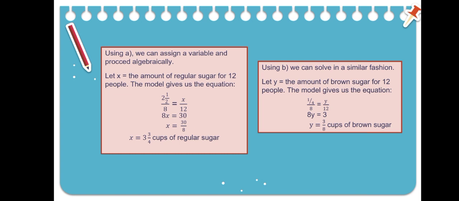To find the value of y, we divide both sides by 8. 8y divided by 8 is equal to y, and 3 divided by 8 is 3 over 8. So y is equal to 3/8 cups of brown sugar.